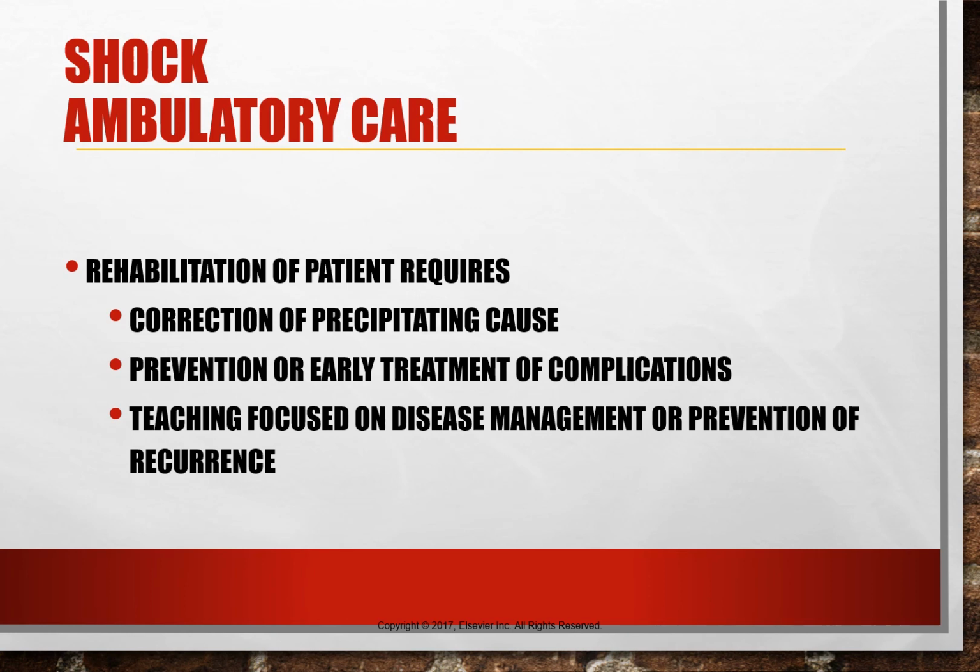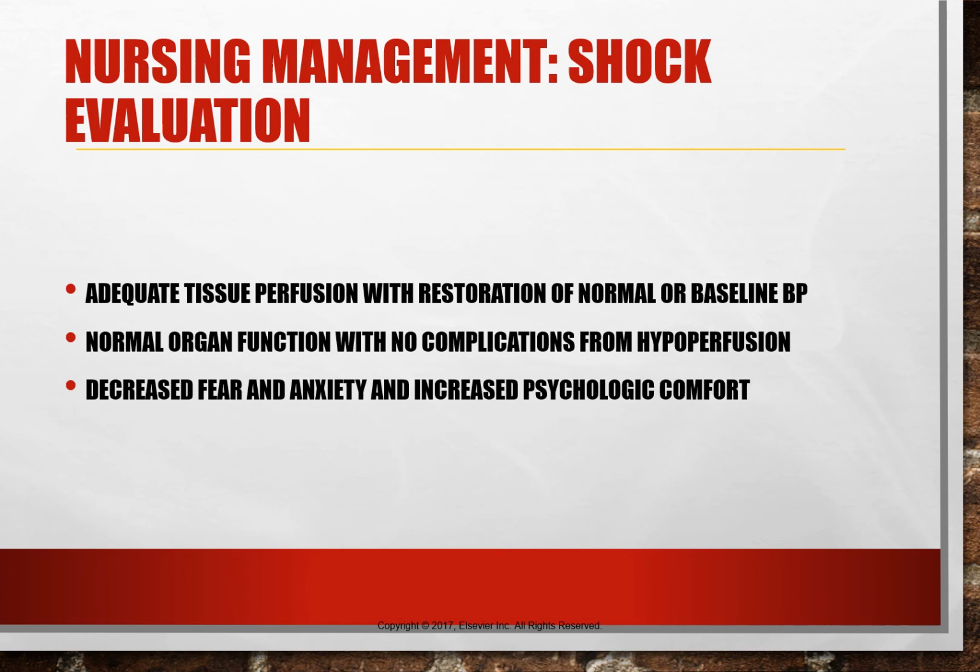Cardiogenic, we're fixing whatever the issue was, whether it be MI or valve disorder. And then trying to catch shock, especially sepsis, in the early stage so that we can treat that infection early on with the appropriate antibiotics before it becomes widespread. And then providing some patient teaching focusing on prevention of recurrence.